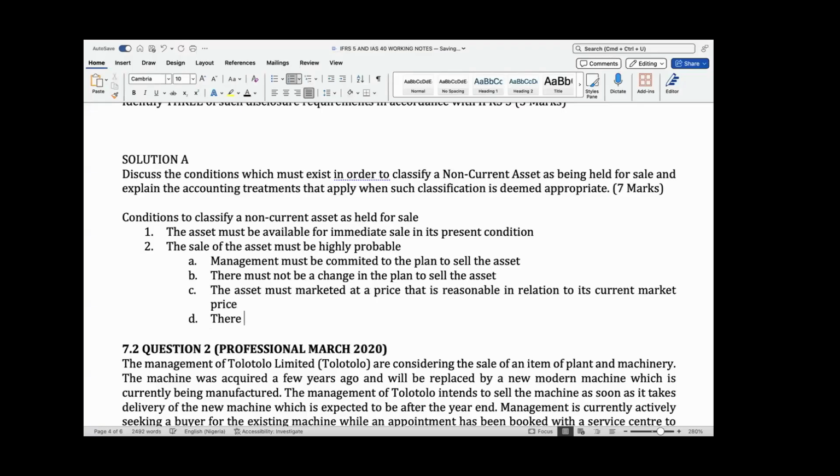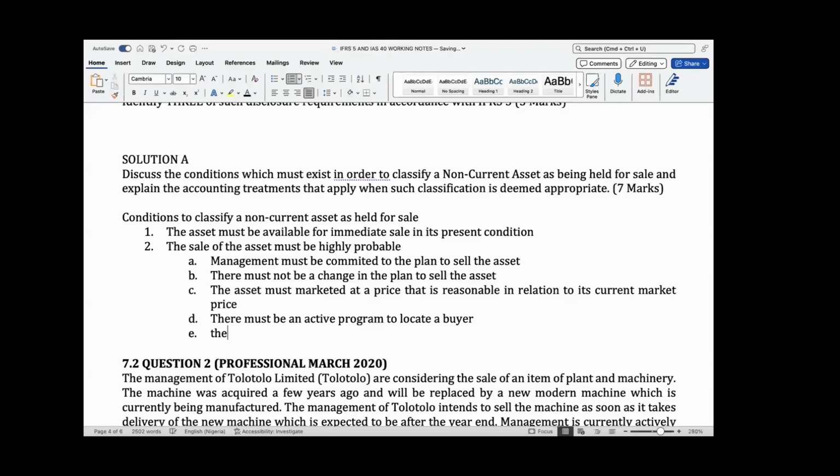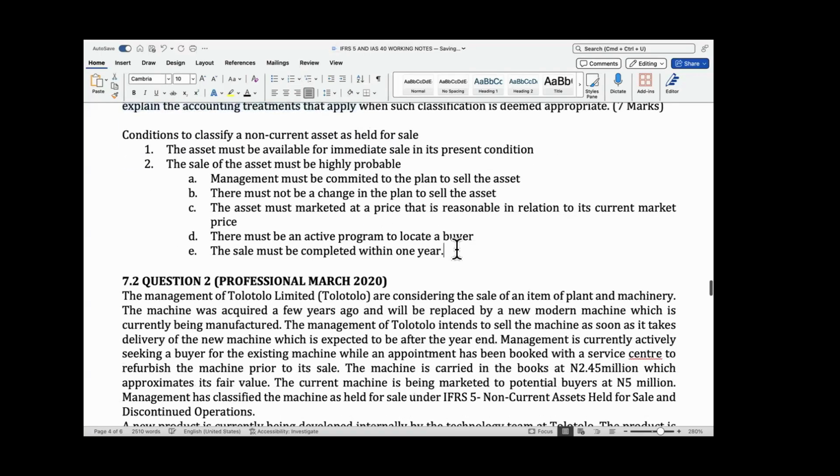Number four, there must be an active program to locate a buyer. Number five, the sale must be completed within 1 year.